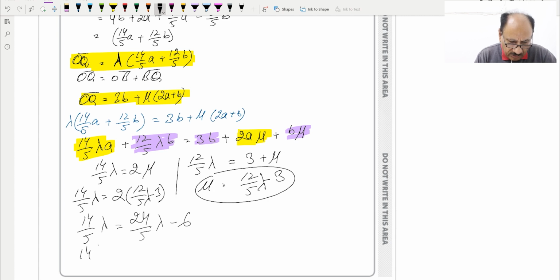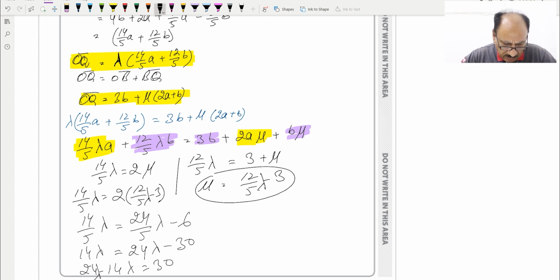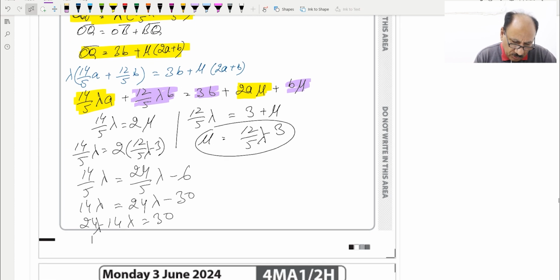So it will be 14 lambda is equal to 24 lambda minus 30, and we can write 24 minus 14 lambda is equal to 30. So 10 lambda is equal to 30. This implies lambda is equal to 3.